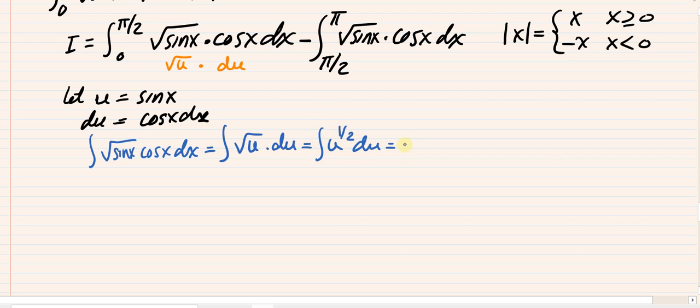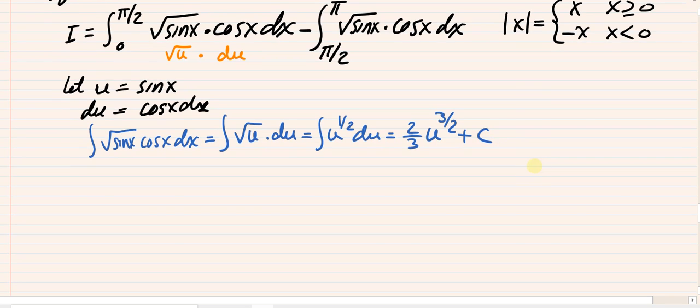A half plus 1 is 3/2, so that's 2/3 u to the 3/2. As an indefinite integral, we have a constant of integration. So I can write this as 2/3 sine x raised to 3/2.